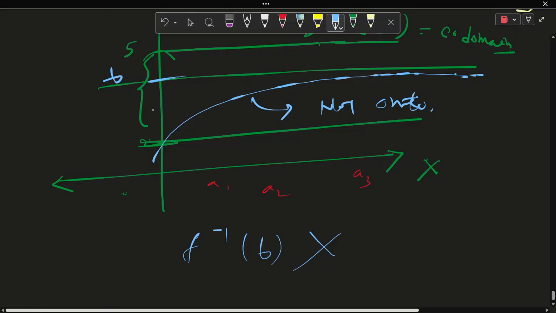If the horizontal line cuts, then we get an image in the domain, right?